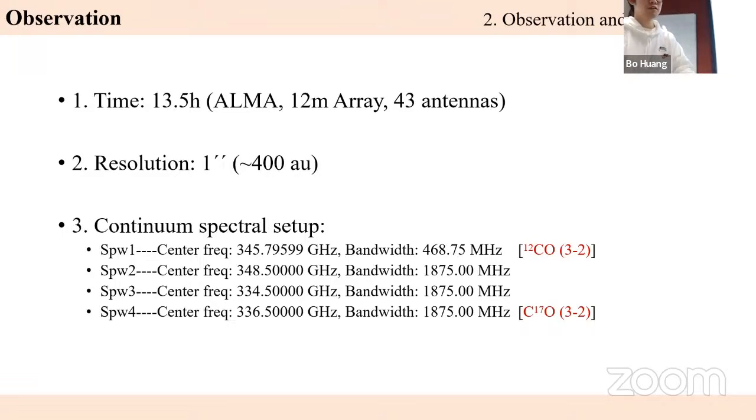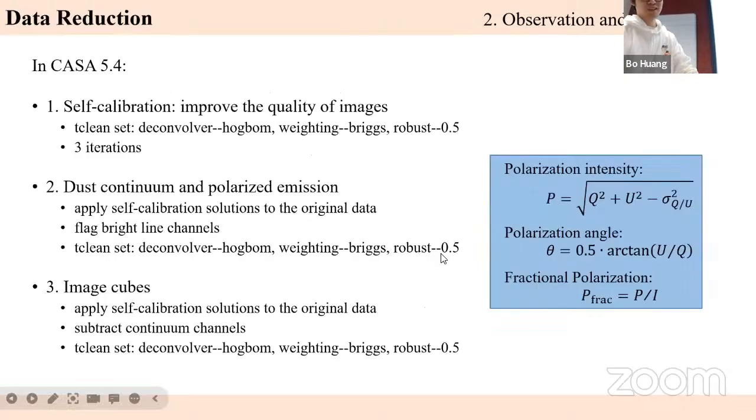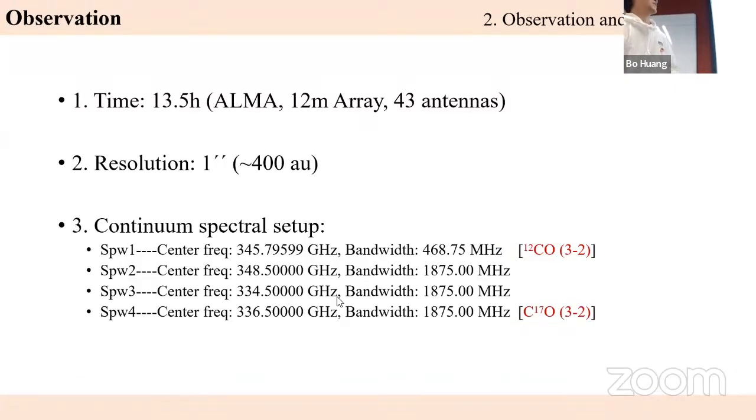And here is the continuum and spectral setup. 12CO 3-2 and C17O 3-2 are the main molecular lines in this work. 12CO 3-2 traces the outflow structure, while C17O 3-2 maps the velocity field in dense gas because it is optically thin.